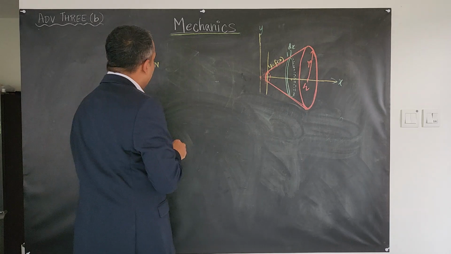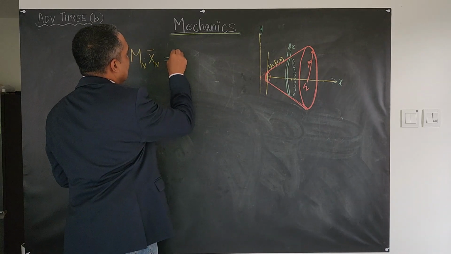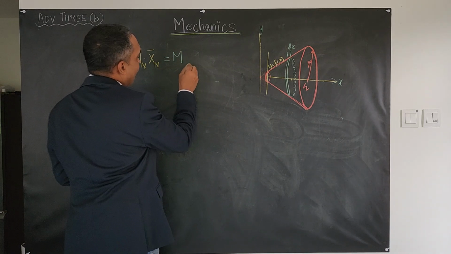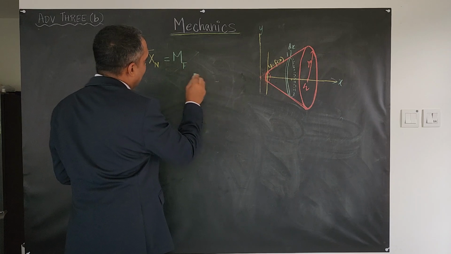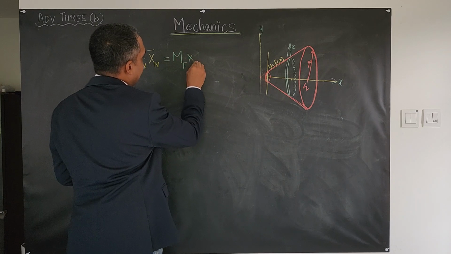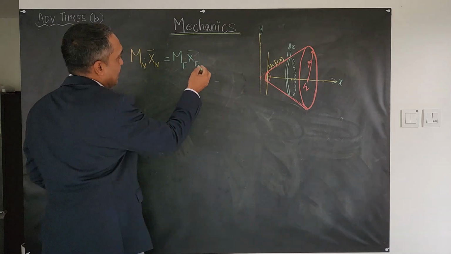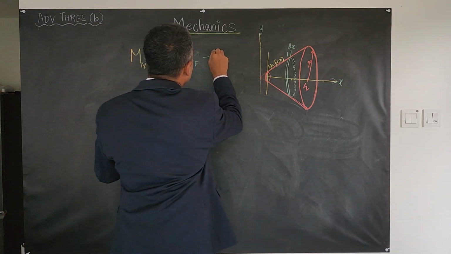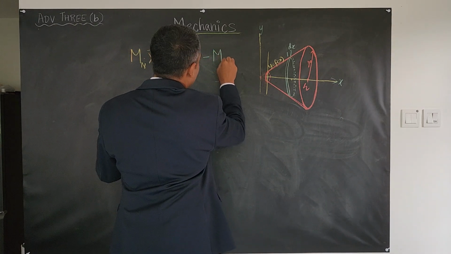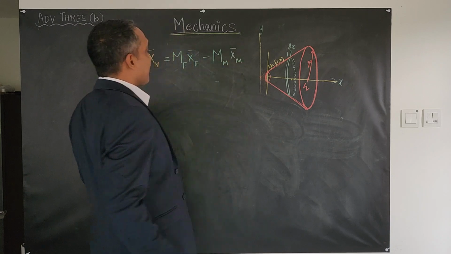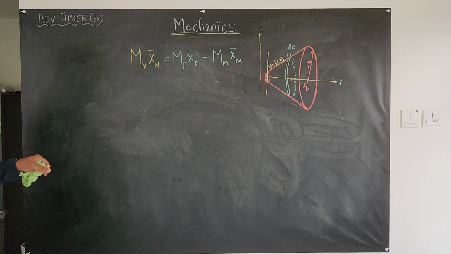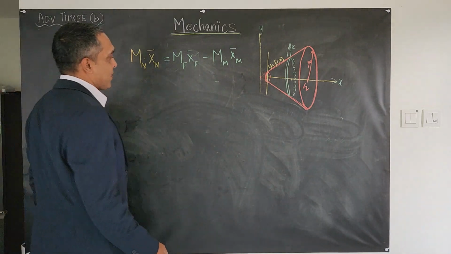And I set it up again as a moments problem. So this is my full cone, and its center of mass, which I know from a formula sheet, and I subtract from it the missing cone. I'm just going to call it M. These are all just my own notations, right? And that's a setup as a moments problem.